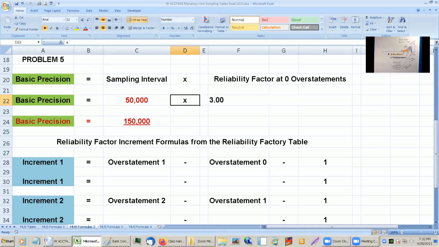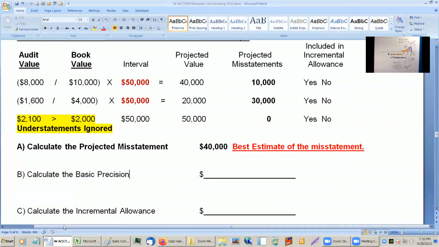So coming back to our problem here. Basic precision, I'm going to go ahead and type it out again. So it'll be $50,000 interval.